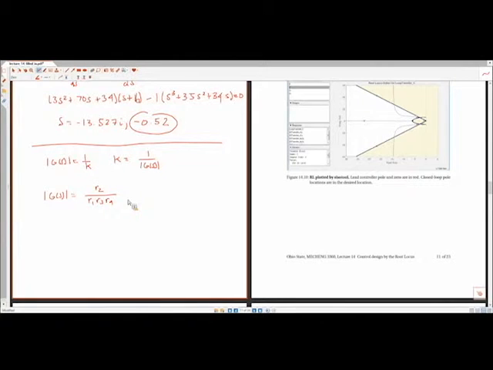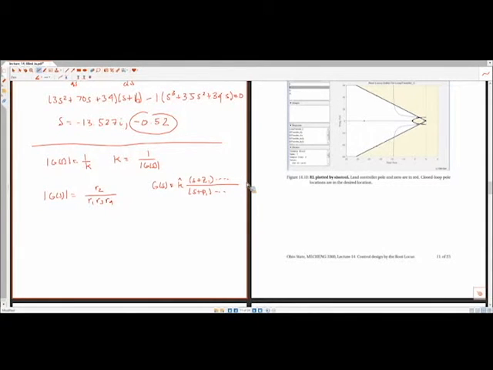This is coming from the pole zero gain form of a transfer function g of s: you have a set of zeros, a set of poles, and the coefficient out front is k hat.